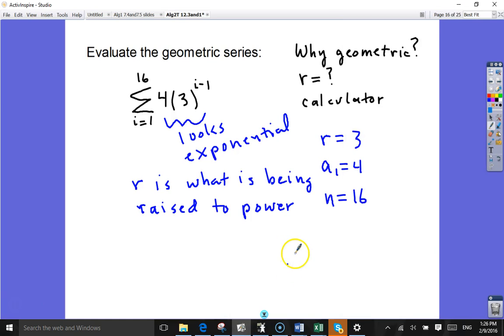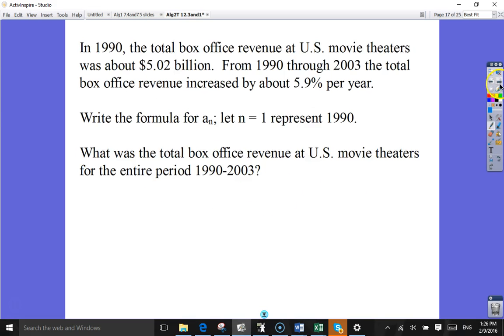Okay, let's try another. In 1990, the total box office revenue at U.S. movie theaters was about $5.02 billion. From 1990 through 2003, the total box office revenue increased by about 5.9% per year. Write the formula for AN. Okay, so let's see.